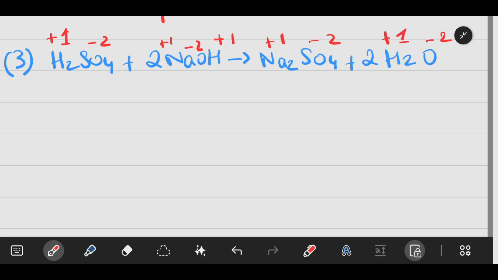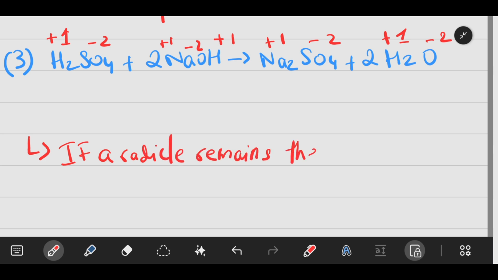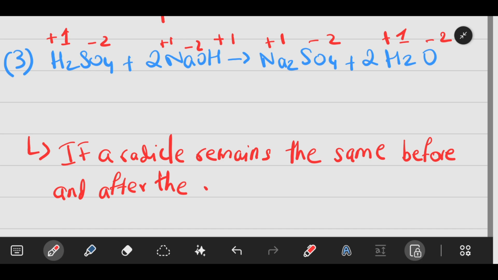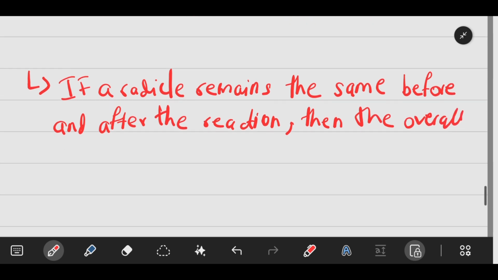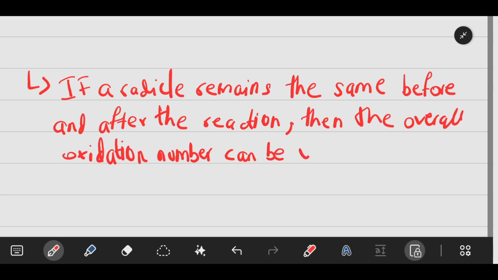Okay, now I would tell you to make a note of this right now. Note: if a radical remains the same before and after the reaction, then the overall oxidation number can be used.